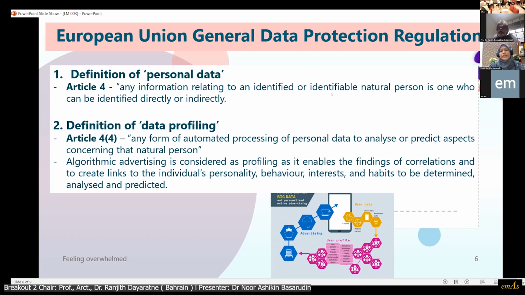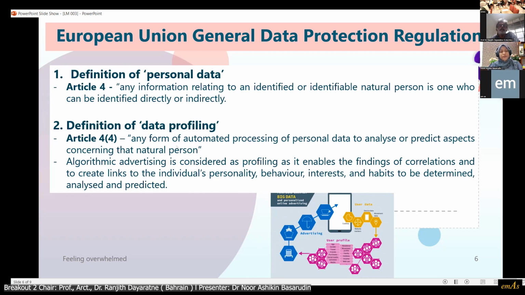For the identifiable natural person, we refer to any information that can lead to that person, even though the information is in big data. When we gather or segment that and do the profiling, so it can lead to a person, it is also considered personal data.